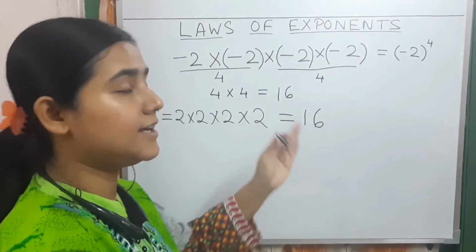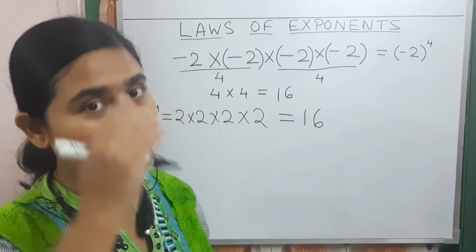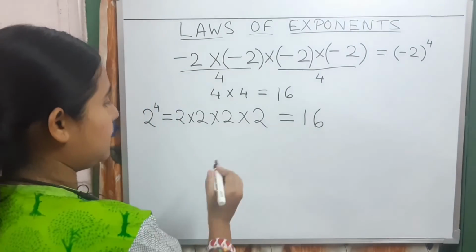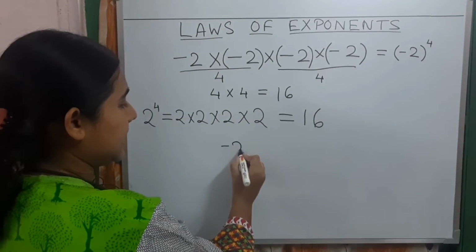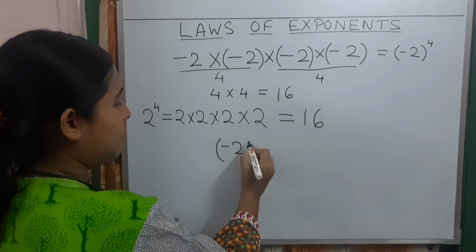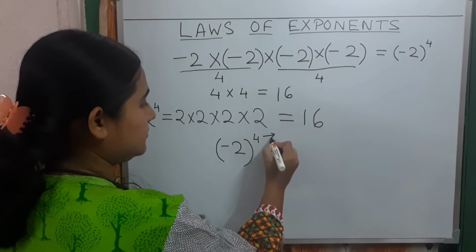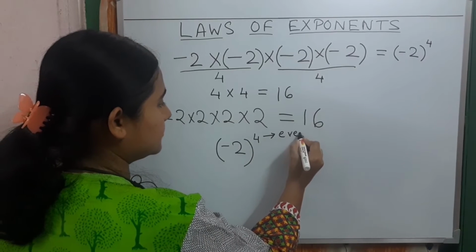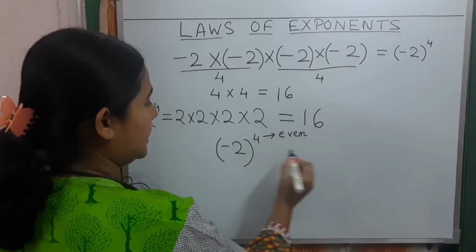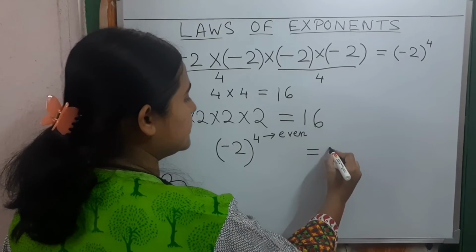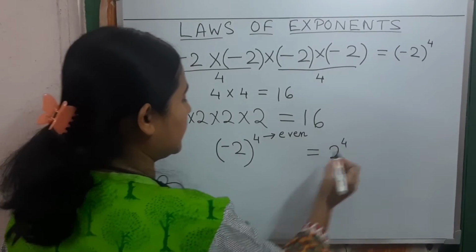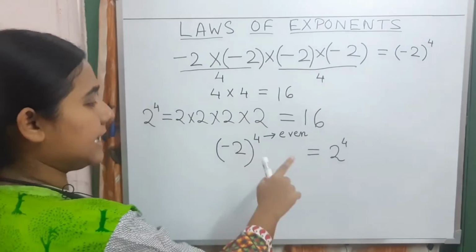So from here we can conclude that if the integer is negative but the power is even, then we can write this without the negative sign.